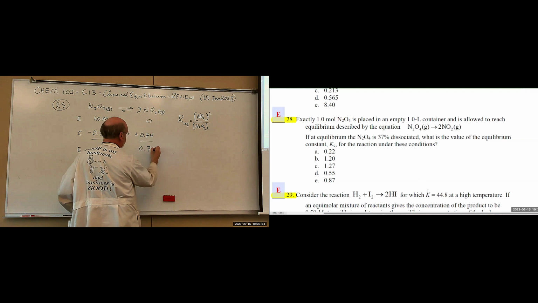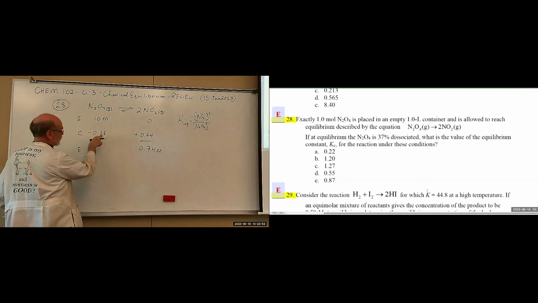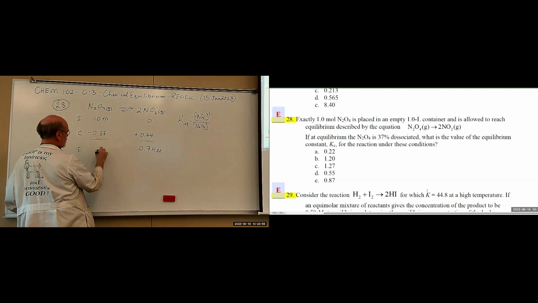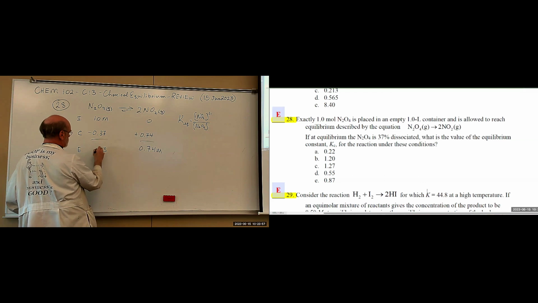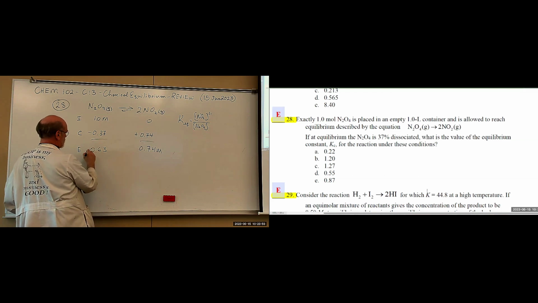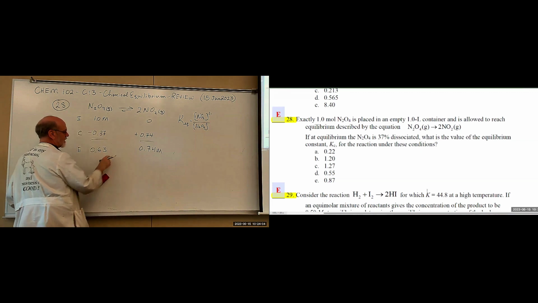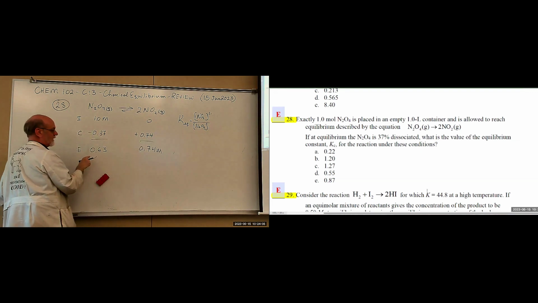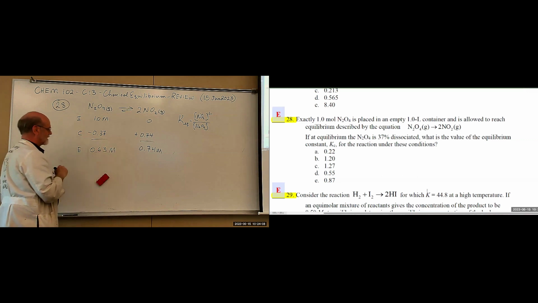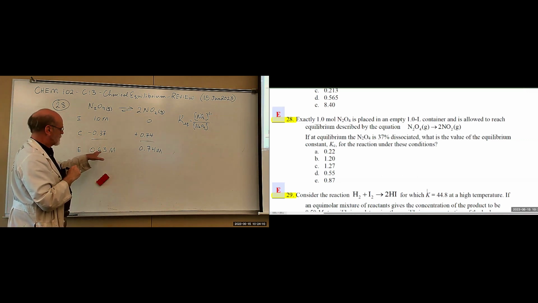So at equilibrium, we have this one, and this one would be 0.74. Oh, that's the one you were thinking of right here. Yeah, I was thinking this one and you were thinking that one. Okay, so that's good.